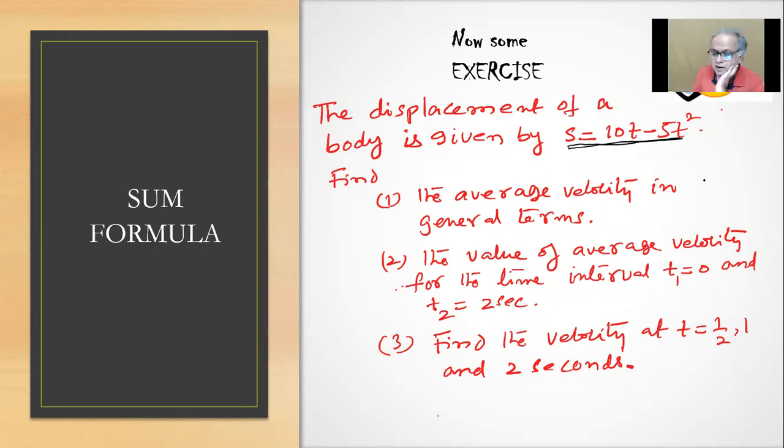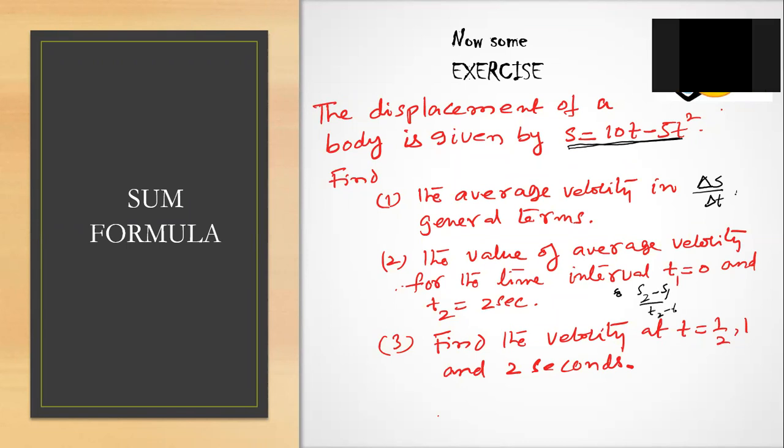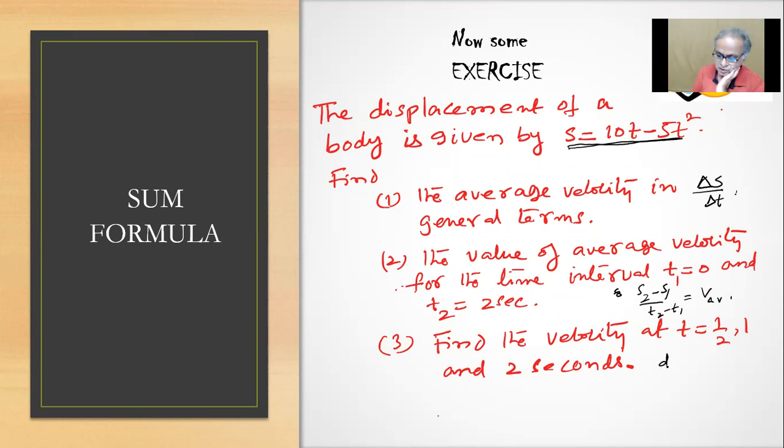So what should we find out here, Vishnu? Delta S by delta t, average velocity. Then the value of average velocity for the time interval t1 equals 0 and t2 equals 2. Directly put the values, S2 minus S1 by delta t. And find the velocity at t equals half, 1 and 2 seconds. You should find out instantaneous velocity, ds by dt.